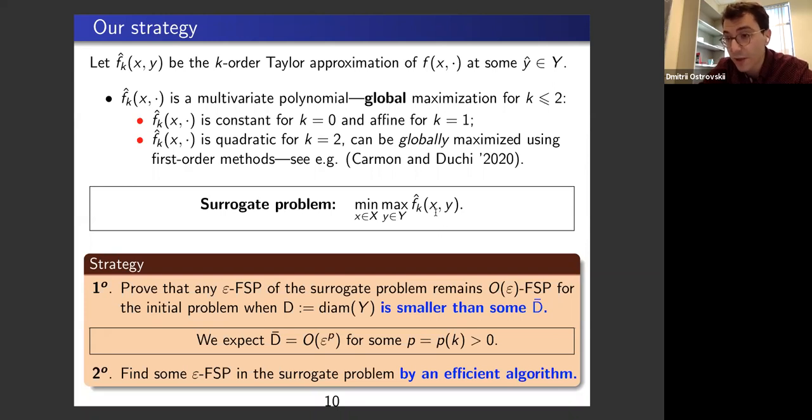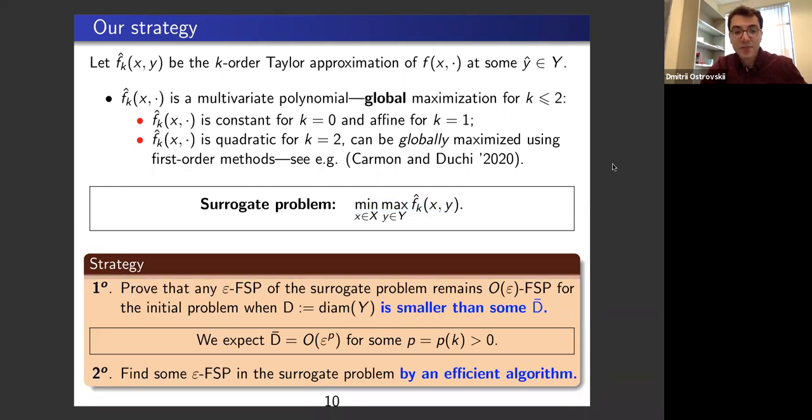So you are at the point x, you look at the corresponding Taylor expansion of the function with frozen x and changing y. The center of this approximation is fixed in advance throughout. There is a y hat, which is the center of the Taylor approximation. And then you just solve the corresponding min-max problem.